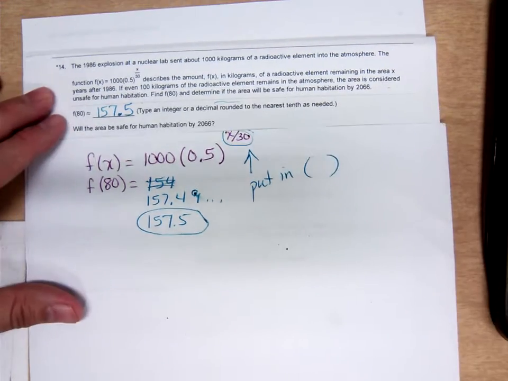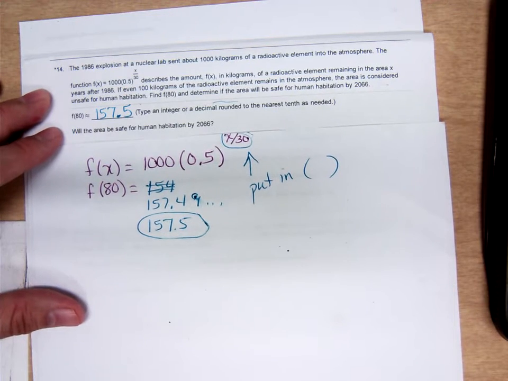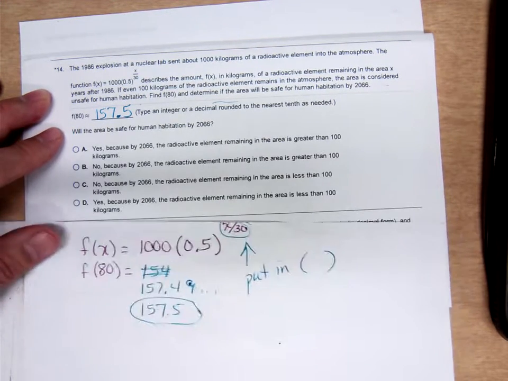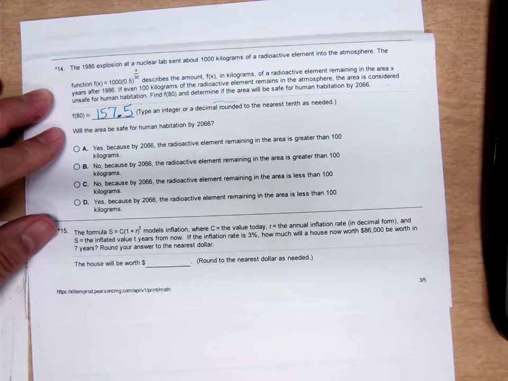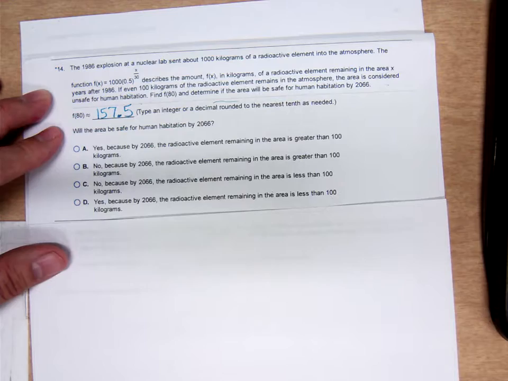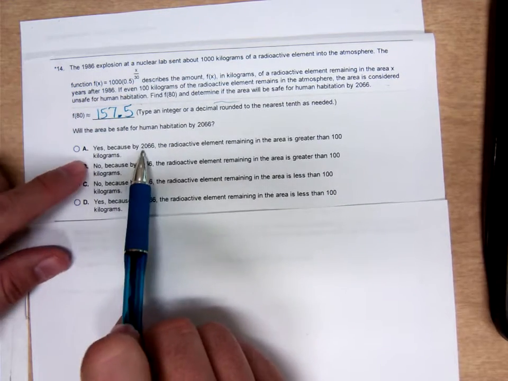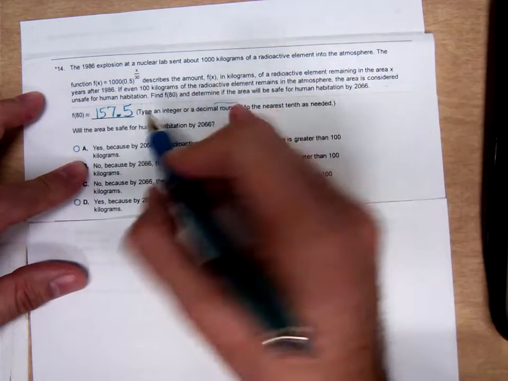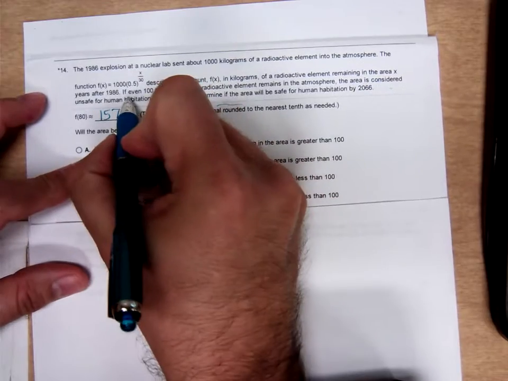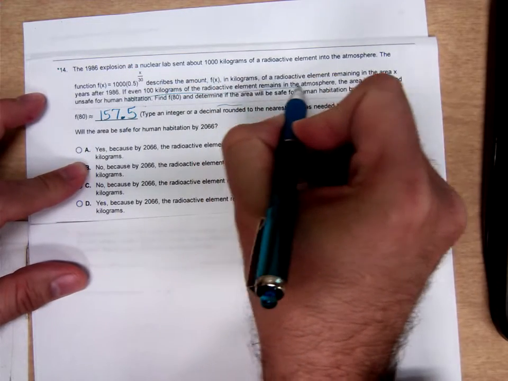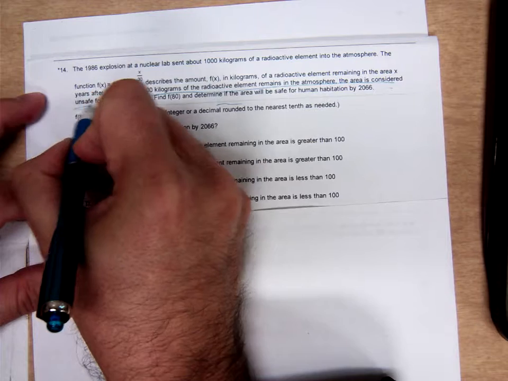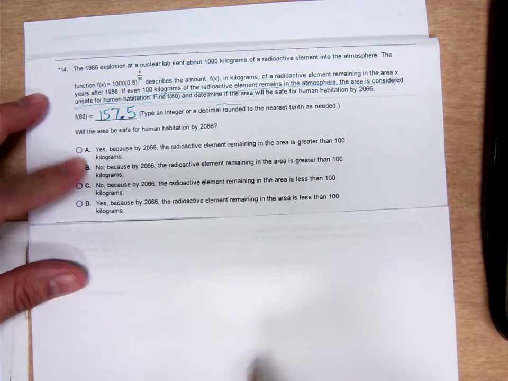Then it asks, okay, will the area be safe for human habitation? Let's see. What do we think? Is it going to be safe or not? Well, it had said that if there's even 100 kilograms remaining, it's considered not safe. So will this area be safe?